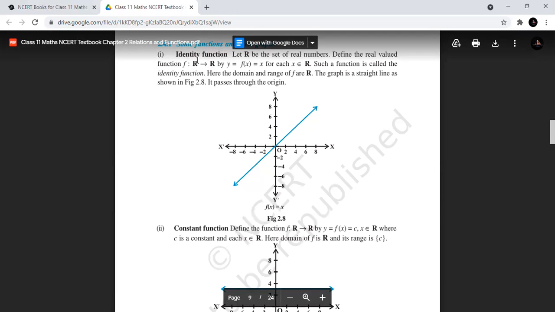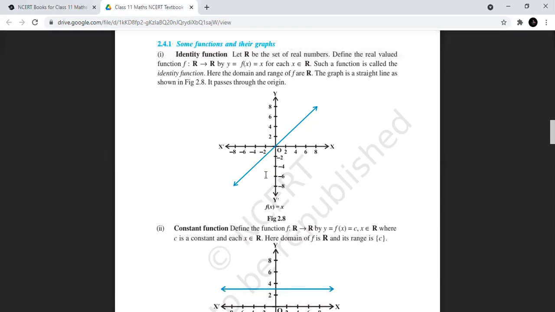Now, when next time I say identity function, you know I'm saying y is equal to x or f of x is equal to x. Right? And the graph for this, if you know a little plotting, you can understand the graph will come as this. Like when I was telling you, how will ordered pairs come? Obviously, image and pre-image have to be the same, so 1,1, 2,2, 3,3. So you will get a line like this: 2,2, 4,4, 6,6.